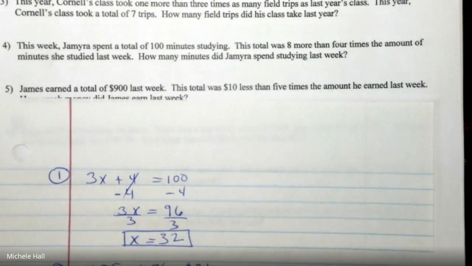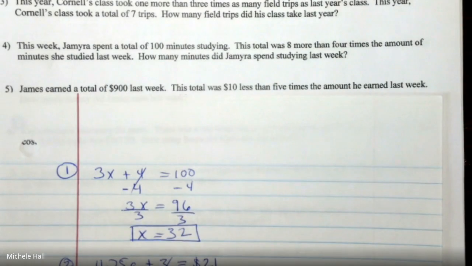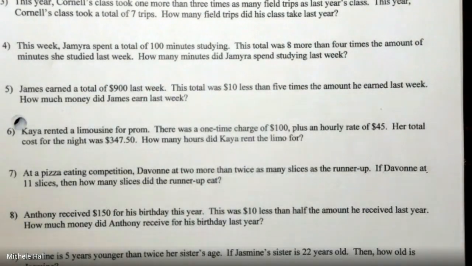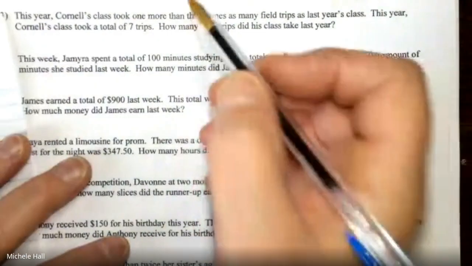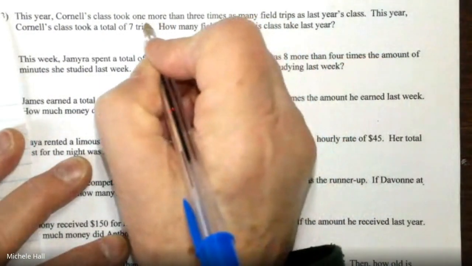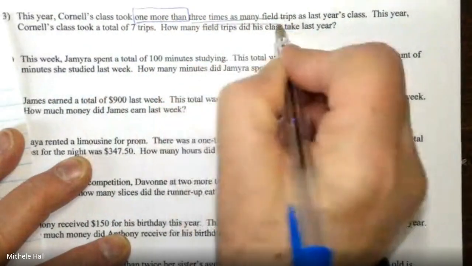Number 3. This year Cornell's class took 1 more than 3 times as many field trips as last year's class. This year Cornell's class took a total of 7 trips. How many field trips did the class take? Go ahead and set it up. So we have took 1 more than 3 times as many field trips.